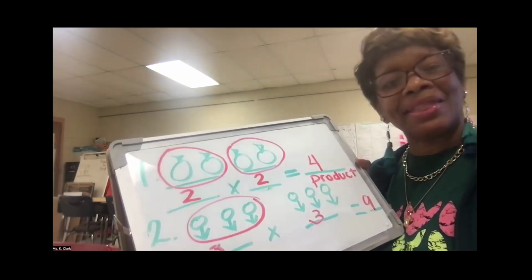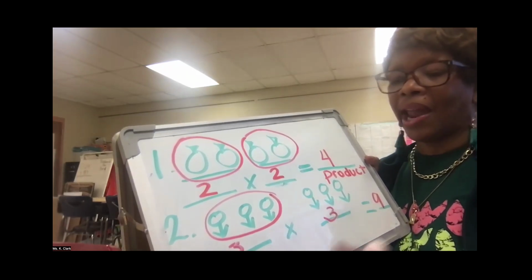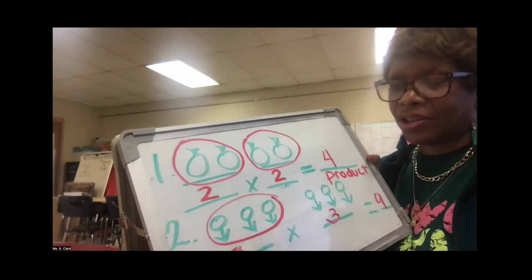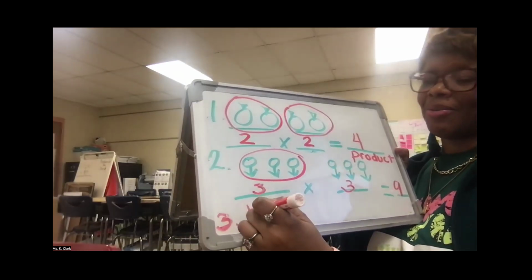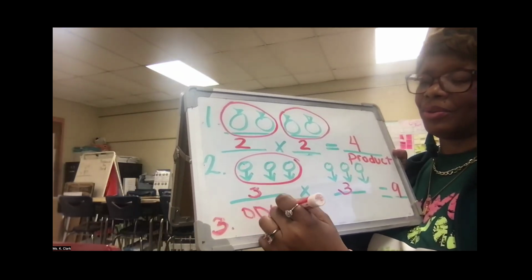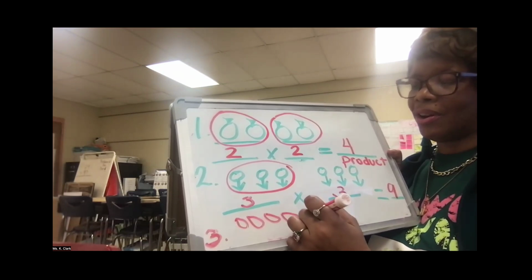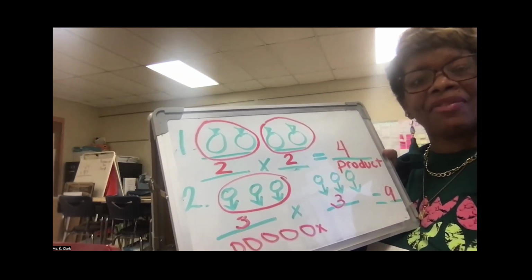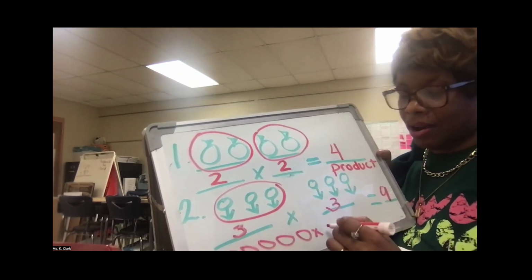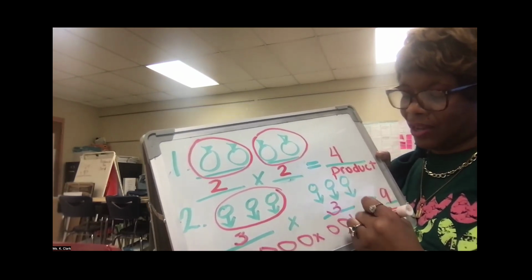So let's just pretend that Tyke went to the farm and he picked 5 ears of corn. 1, 2, let's make it look like corn. 1, 2, 3, 4, 5.